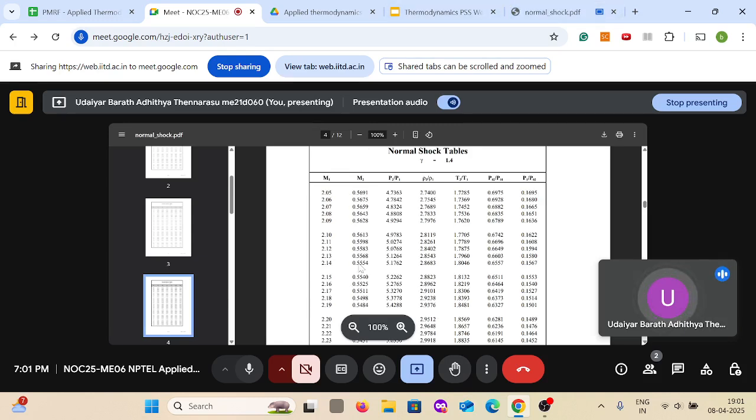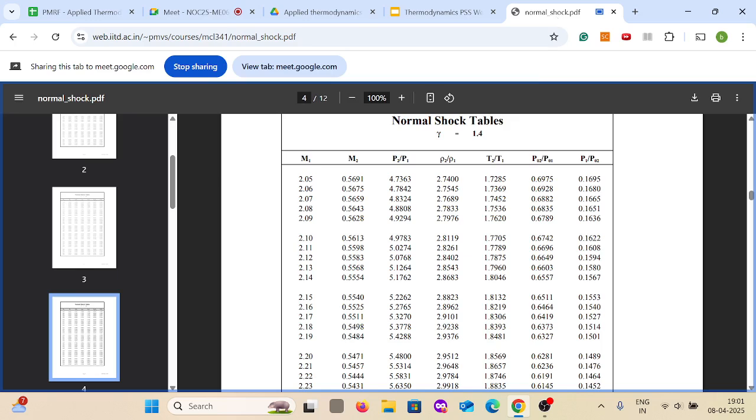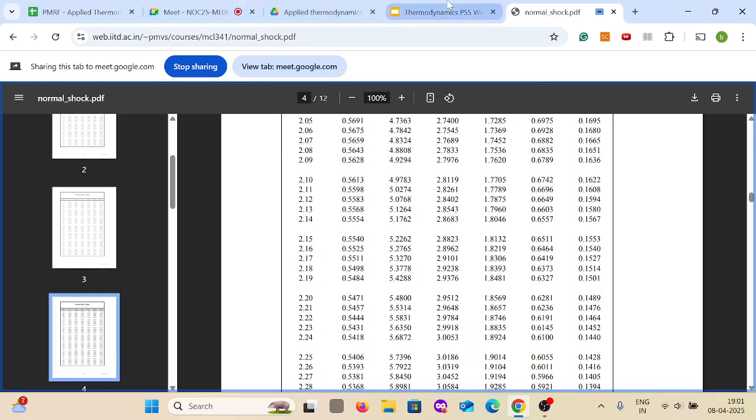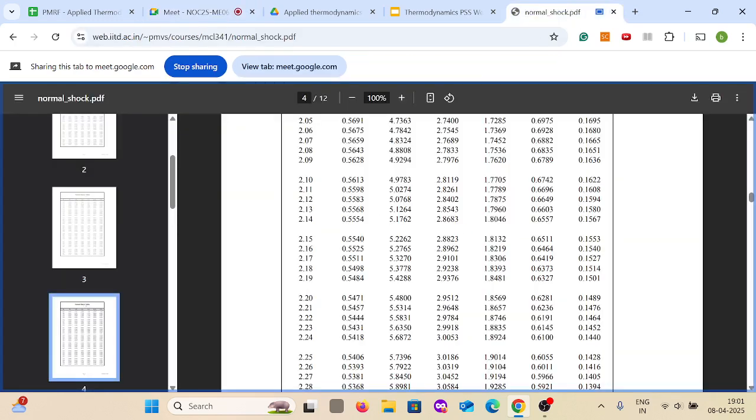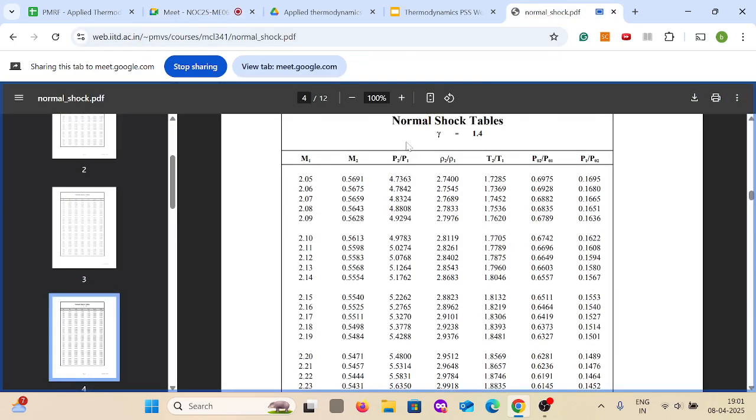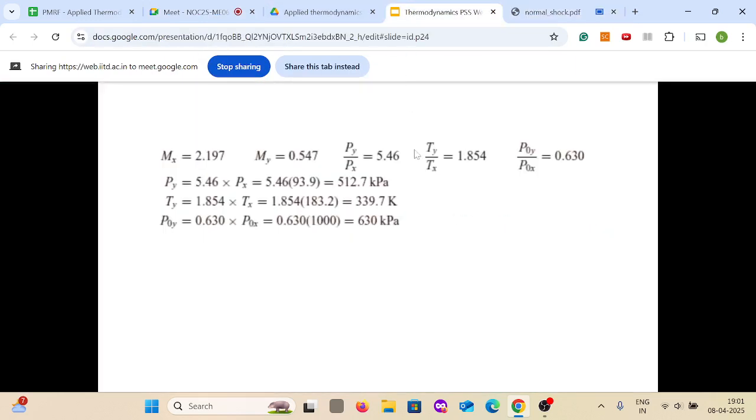And for our condition, the Mach number was 2.197, so close to 2.2. What we got is 0.5471 for the downstream Mach number, and then P2 by P1 is 5.48, so that's what is given.